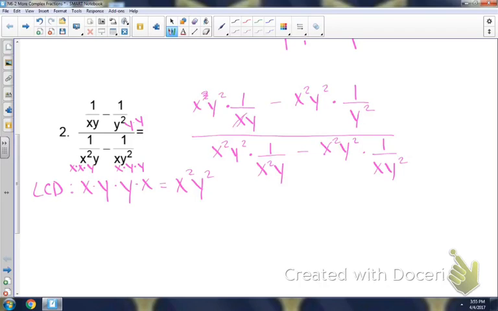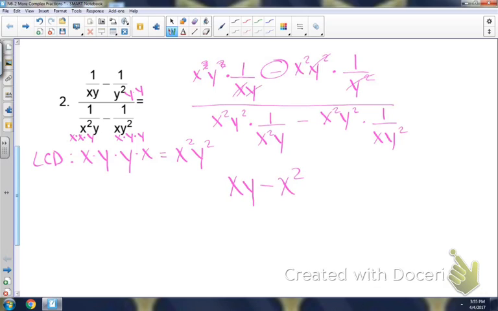So one of those x's will cancel, one of those y's will cancel. So we'll just have left an xy. And then bring down your minus. The y squareds cancel, and you just have an x squared left. Looking at the denominator, x squareds cancel and one of the y's. So that's going to be just a y. And then x, one of the x's will cancel, and then your y squareds will cancel. So you'll just have minus x.